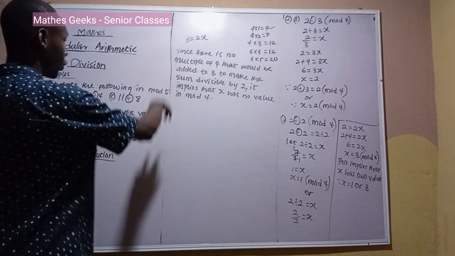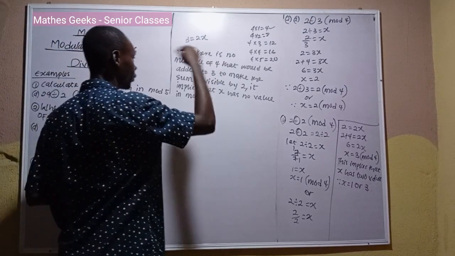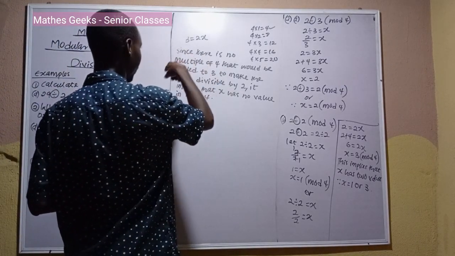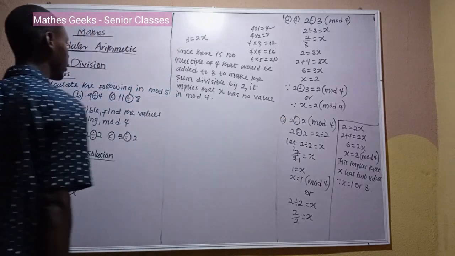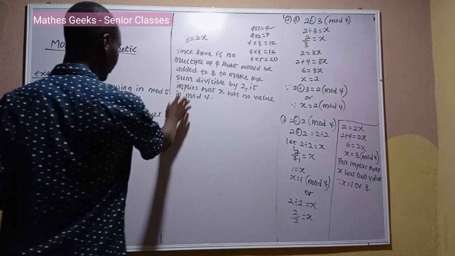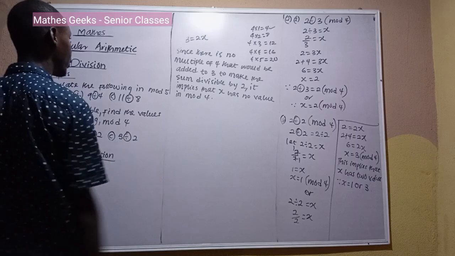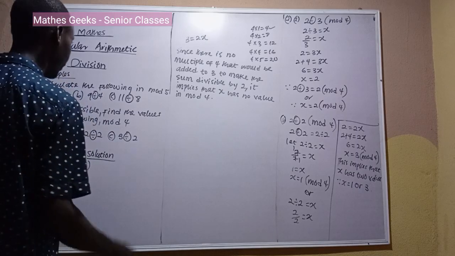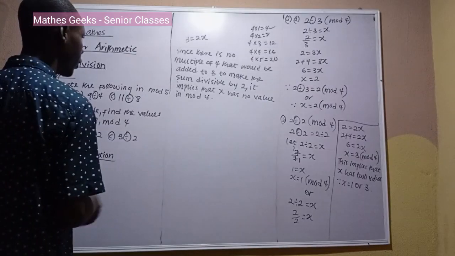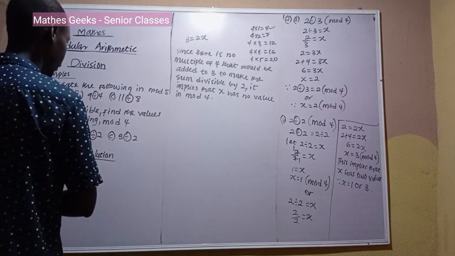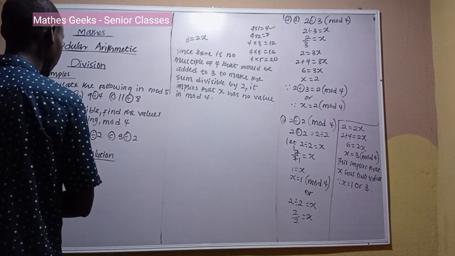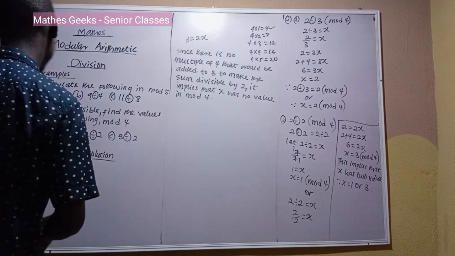You come to a point where you can't get a multiple that, when added to a number, makes it divisible by what you have on the other side of the equation. At that point, you just say that there's no value, and you stop there. Just bear in mind that some modular divisions don't have a value.